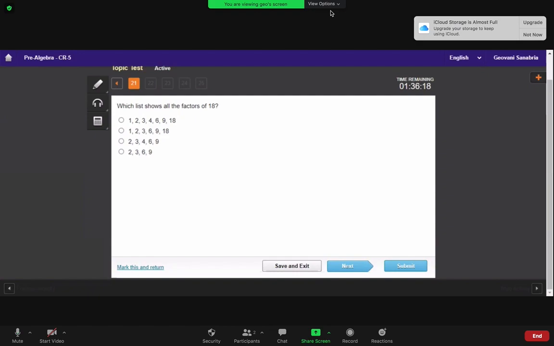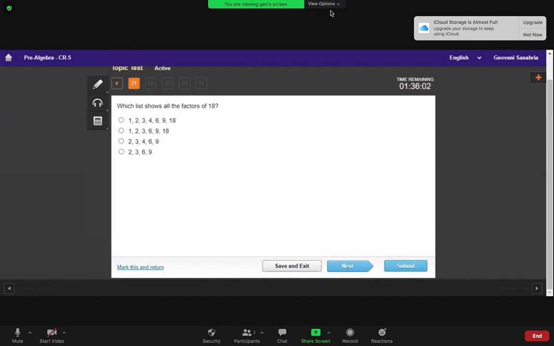If all of them go into 18, then they're all factors. If there's something that doesn't go into 18, then it's not a factor.